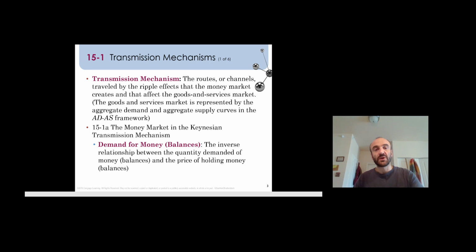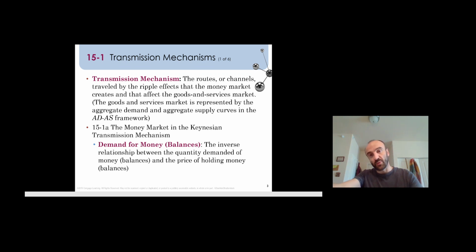So we can start with the basic definitions of terms here. Transmission mechanism, what do we mean by transmission mechanisms? Those would be the routes or the channels or the paths through which the economic changes ripple through the economy, starting from an initial intervention of a central bank, for example, by purchasing new government bonds, whereby the government increases the money supply, increases the amount of cash available to banks.